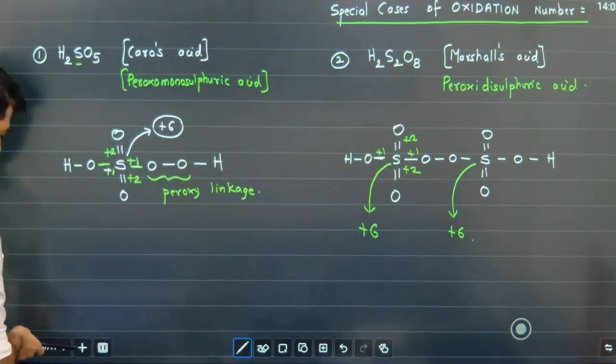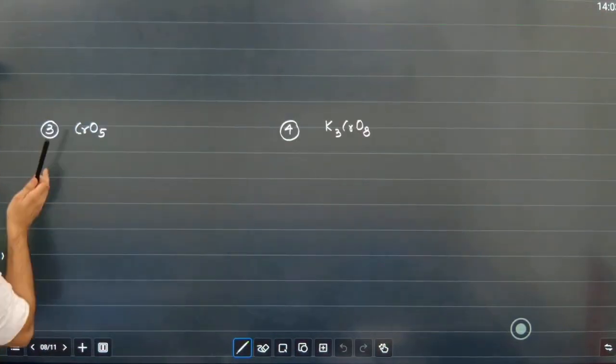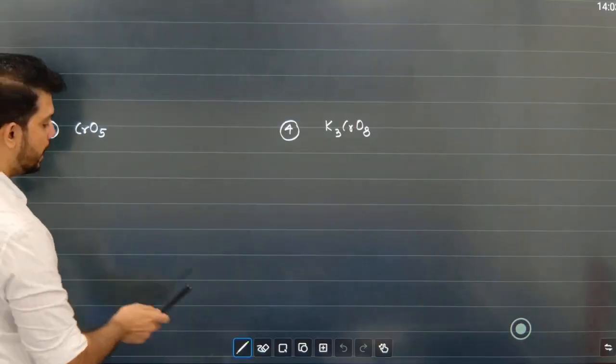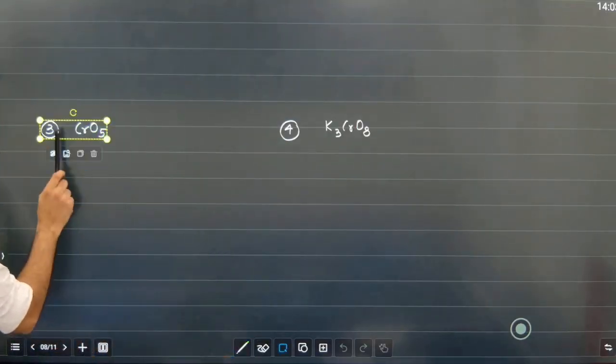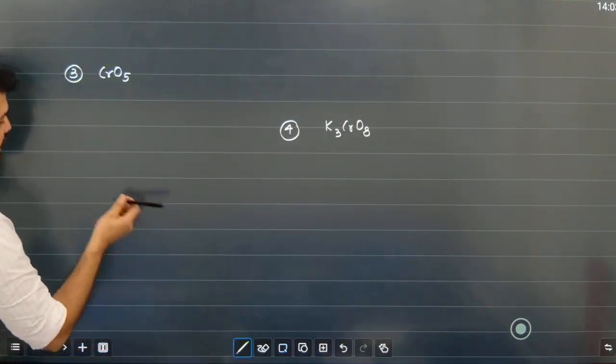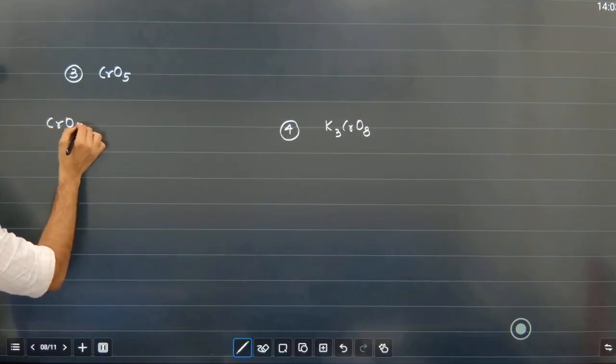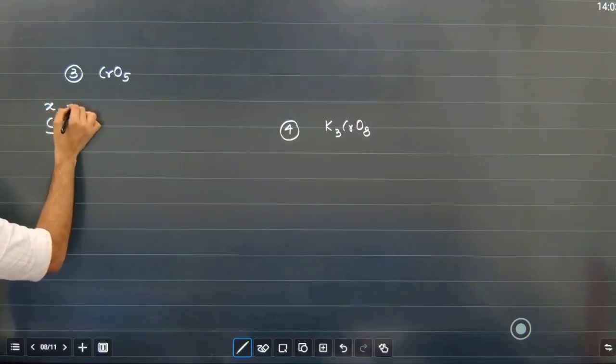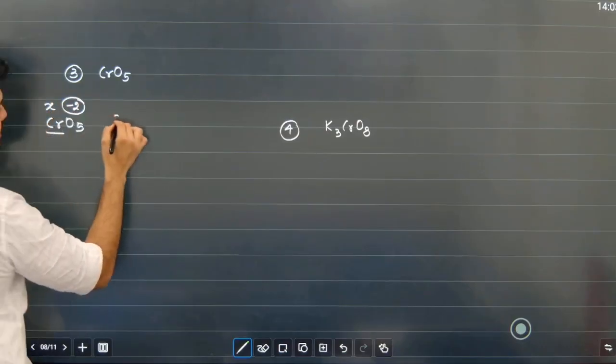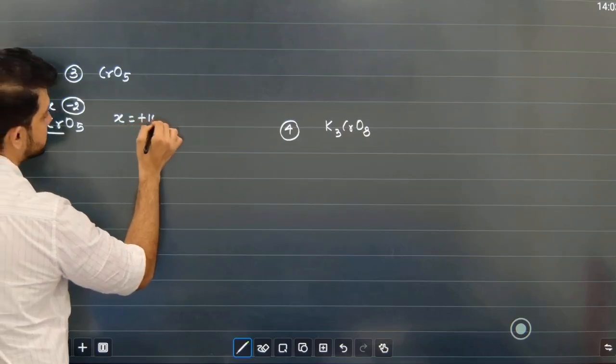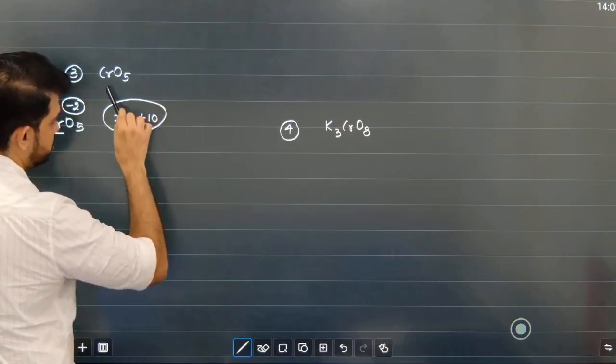Let's continue some more very important examples. Let's say we have CrO5. Traditional method से if I try to find the oxidation number on chromium, तो यहाँ पे x की वैल्यू आ जाएगी स्टूडेंट्स +10, but that is not possible.